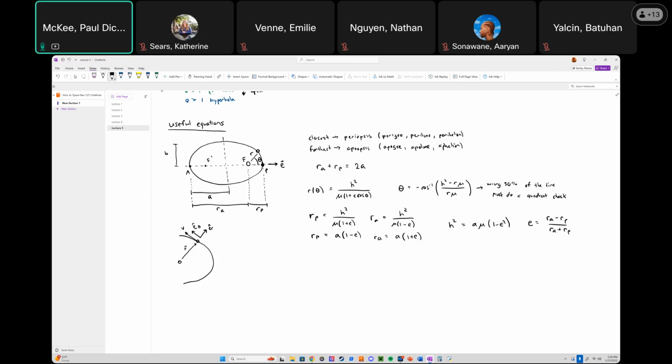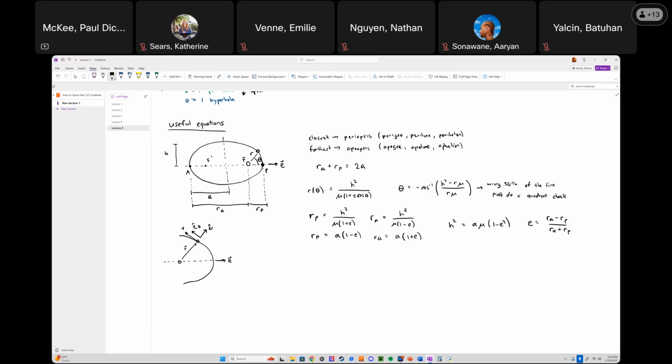Now, as drawn, v is entirely in the e theta direction, but that's not entirely true, right? Imagine for a circular orbit, your velocity is always going to be perpendicular to your position. But for an elliptical orbit, there will be moments where you're getting closer to the body and getting further away from the body. So in this case, and just to remind everybody, this is still the eccentricity vector.